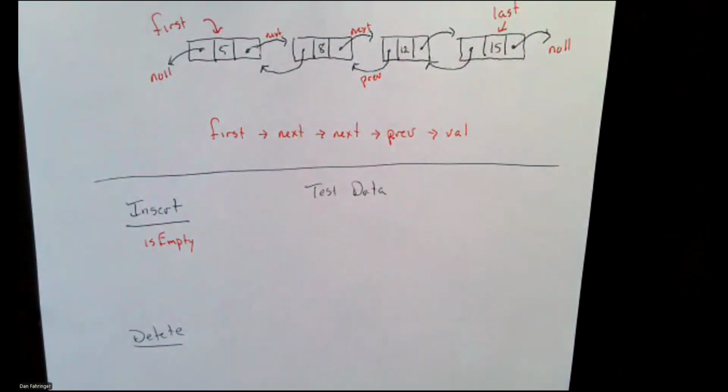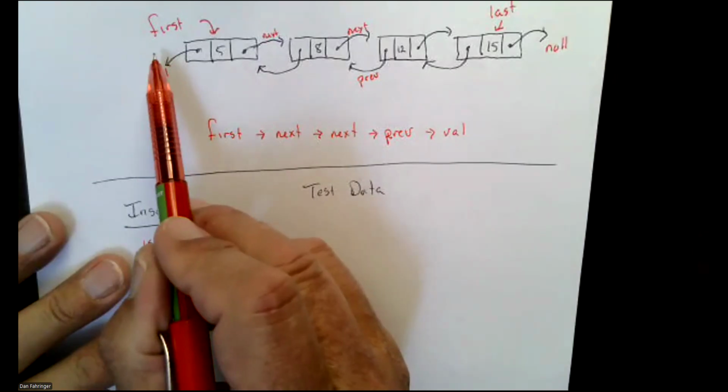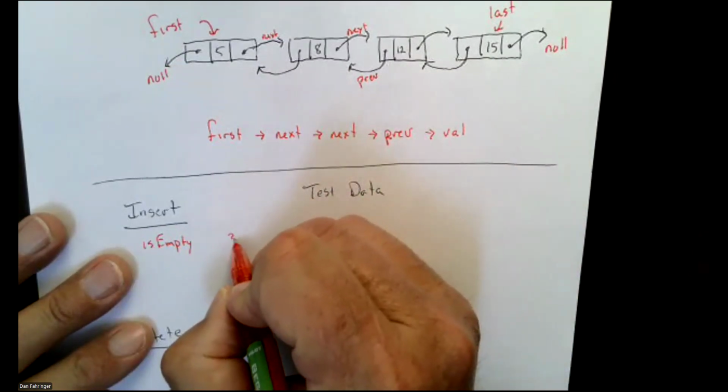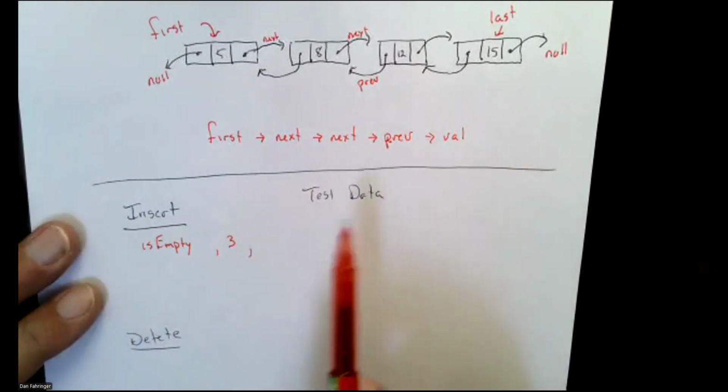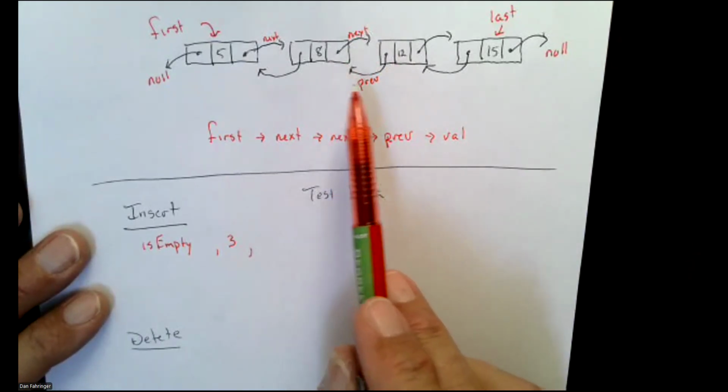Give me some numbers to insert. If I was going to insert a new node, what number would I insert? First one might be 3. Give me another one. 10.